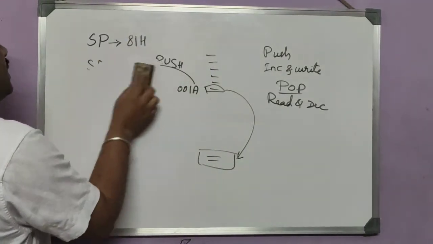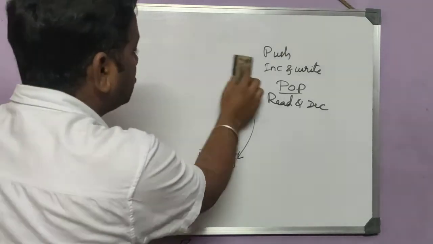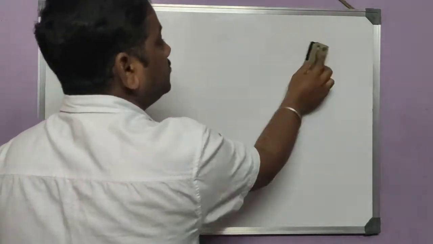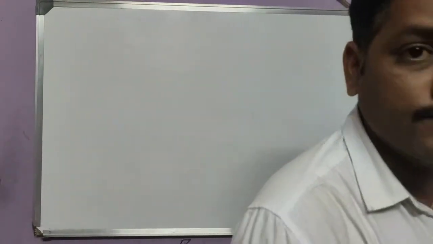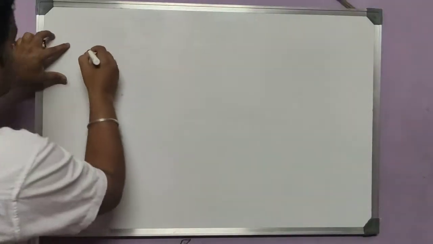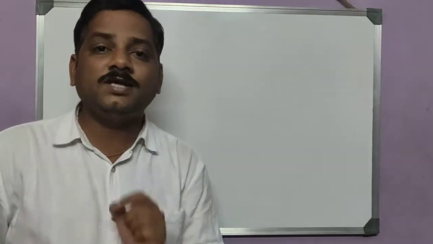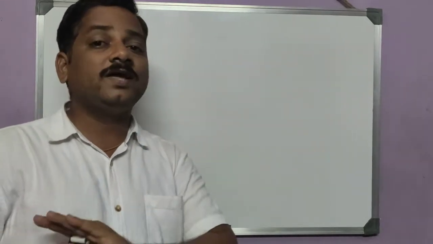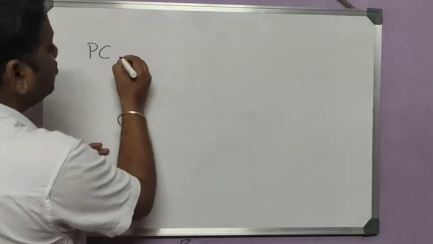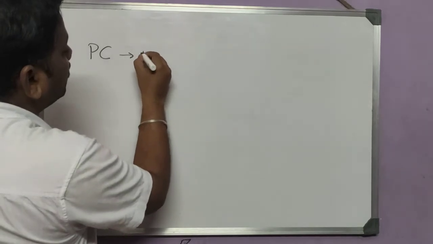Now let's take up another register which is most important and used in the CPU. That is the program counter. We name this PC. This is the only register which does not have any address. Program counter is not going to have any address.